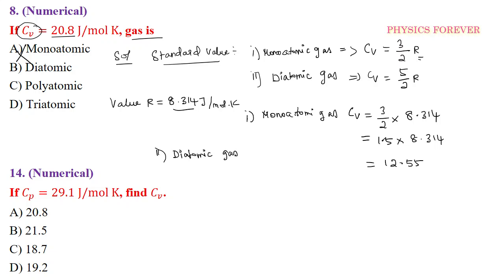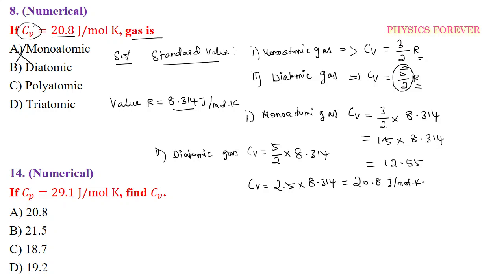For diatomic gases, Cv is equal to 5 by 2 into R, the gas constant, 8.314. What is the value of 5 by 2? 2.5 into 8.314, and when we multiply, we get 20.8 joule per mole Kelvin.